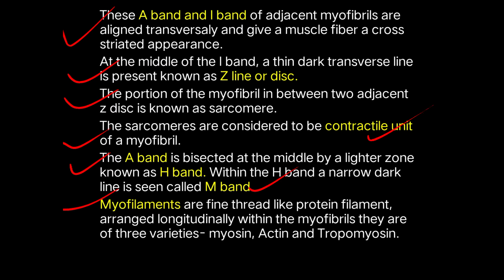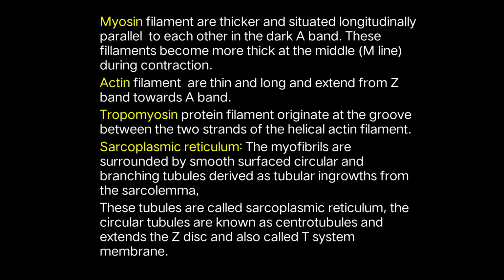Then myofilaments are the fine thread-like protein filaments arranged longitudinally within the myofibril, and there are three varieties: myosin, actin, and tropomyosin. Myosin filaments are thicker and situated longitudinally parallel to each other in the dark A band, and these filaments become thicker at the middle during contraction.